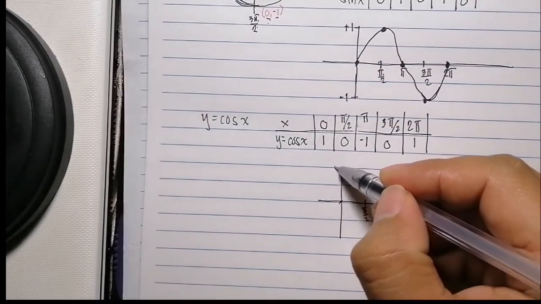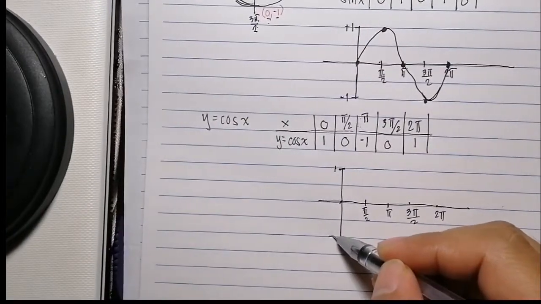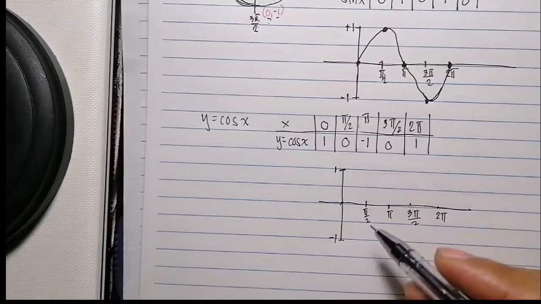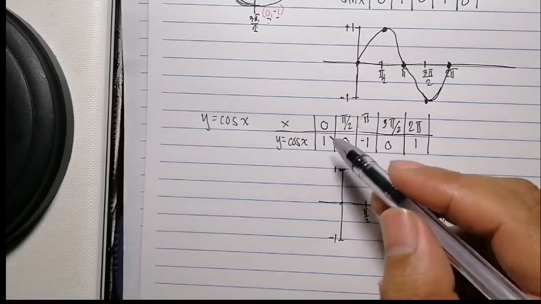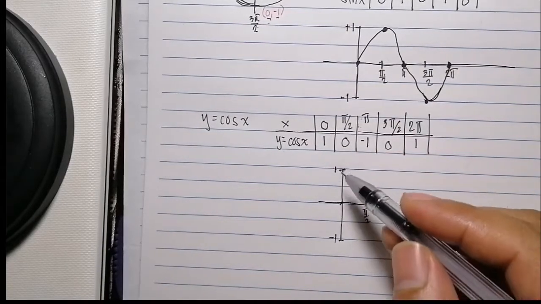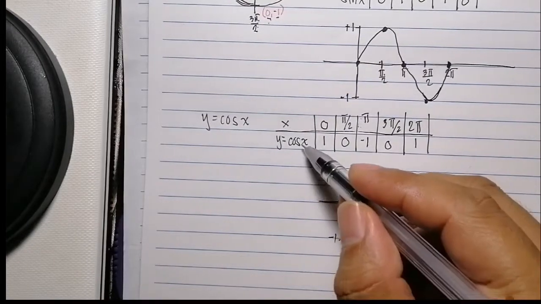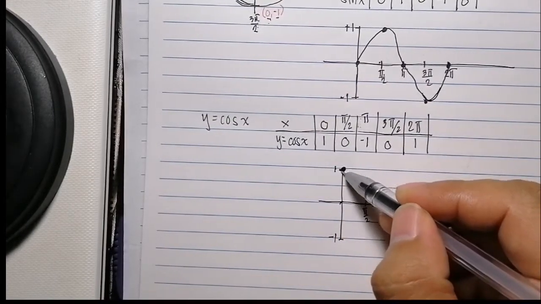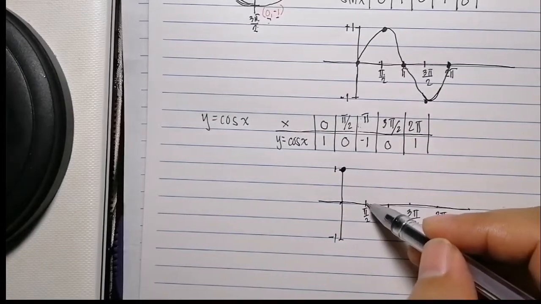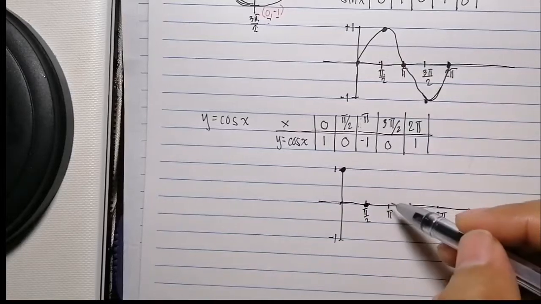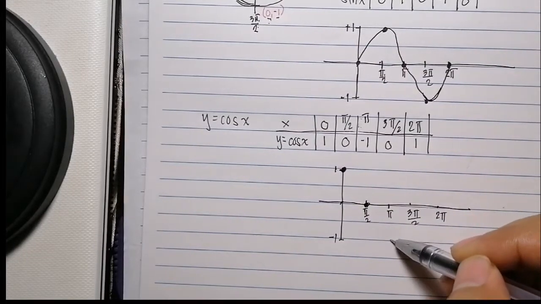This is your positive 1 and negative 1. So we will plot the points now. So if x is 0, cosine x is equal to positive 1. Pi over 2, 0. Pi, negative 1.